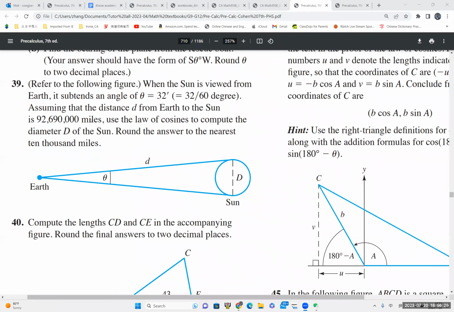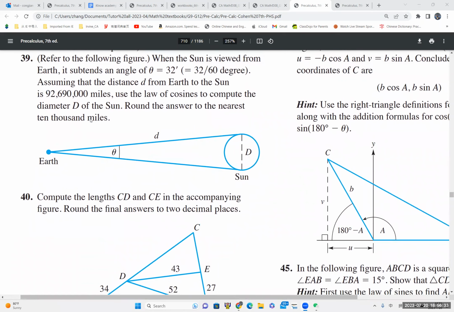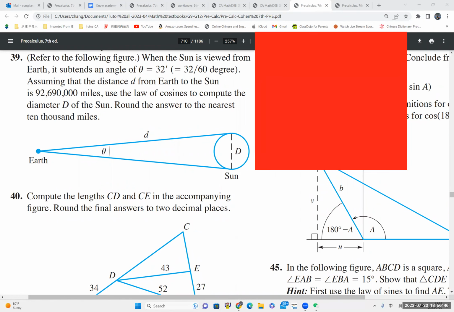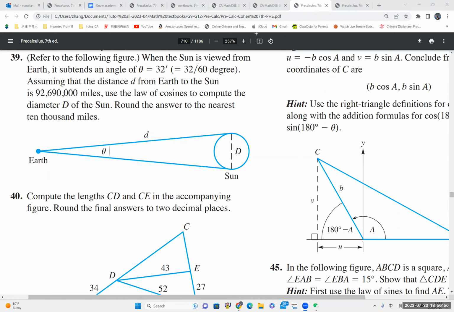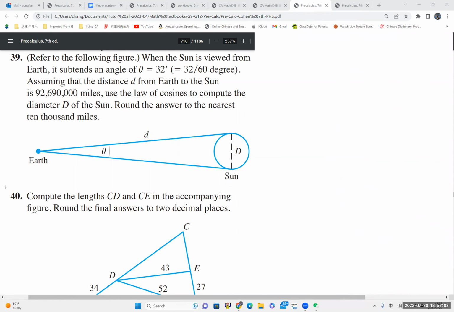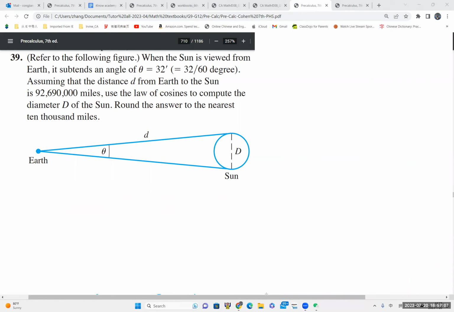How about we do 39? Now think about it. When the sun is viewed from Earth, it subtends an angle of, assume that the distance is d.